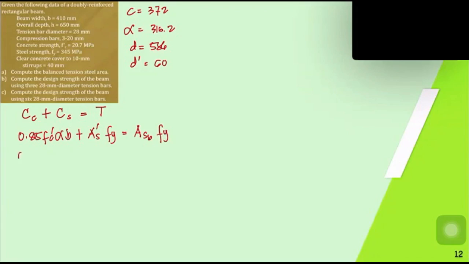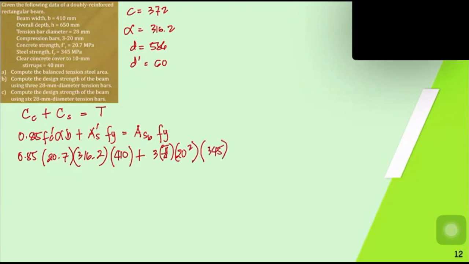That is 0.85 times 20.7 times alpha 316.2 times B of 410, plus AS prime, which is 3 pi over 4 times 20 squared, times Fy of 345, equals ASB times 345. So what is the balance steel area?